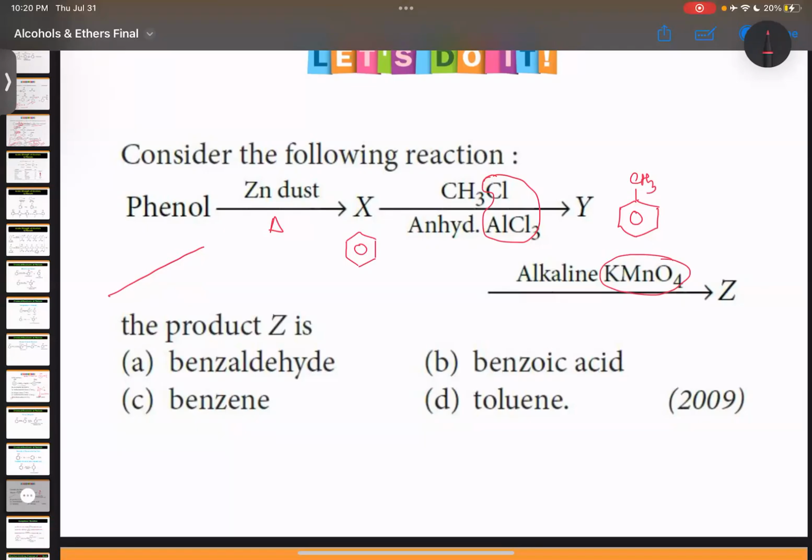Got it? Is it clear or not? So KMnO4 gives carboxylic acid, on the benzene ring, right?